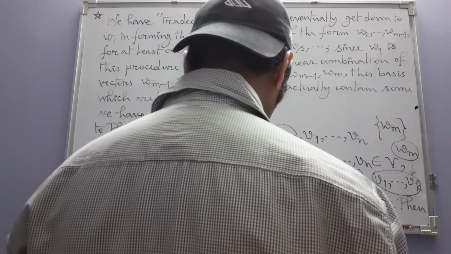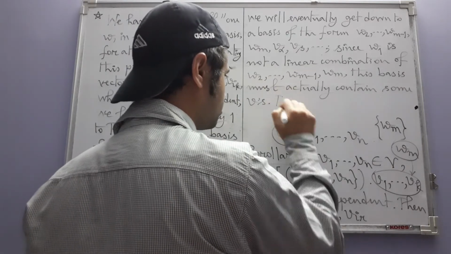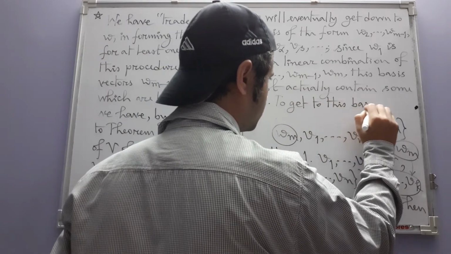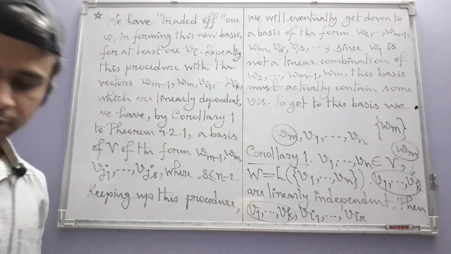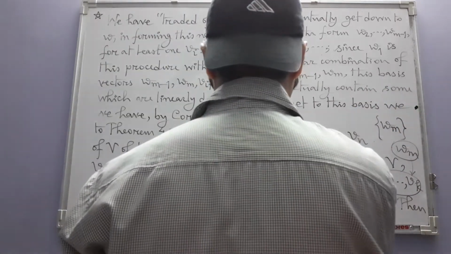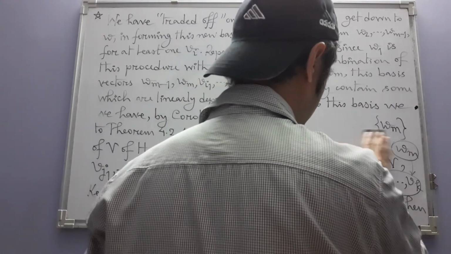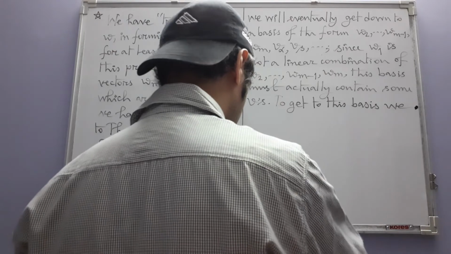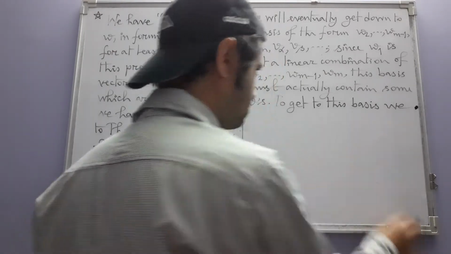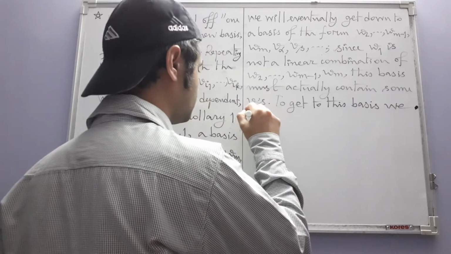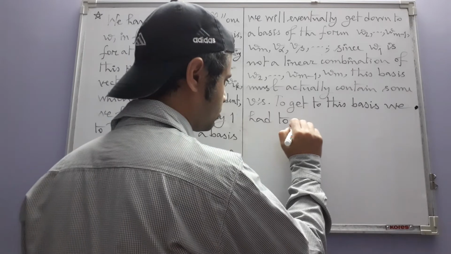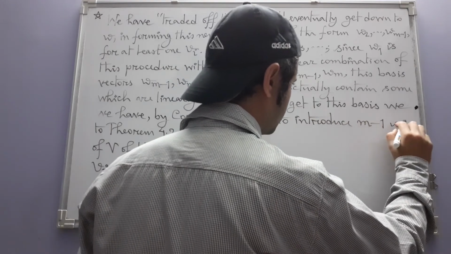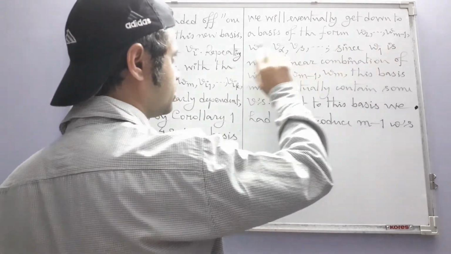Okay, to get to this basis, we have to introduce m minus 1 W's, W2, W3 up to Wm.